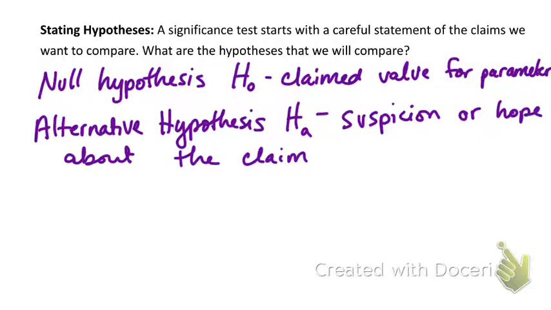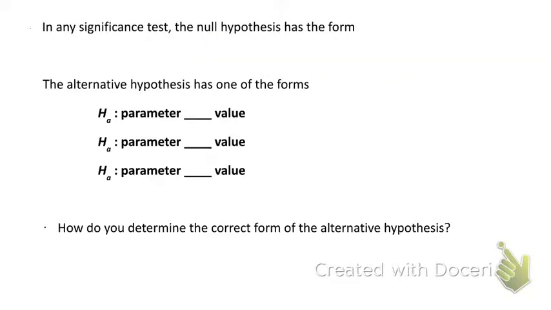All right, so let's look at how to format these things. In any significance test, your null hypothesis is going to have the same format, okay? So you have your null hypothesis notation, capital H, a little 0, and you're going to have your parameter. Now, when I say parameter, you guys know I mean Greek letters, right?